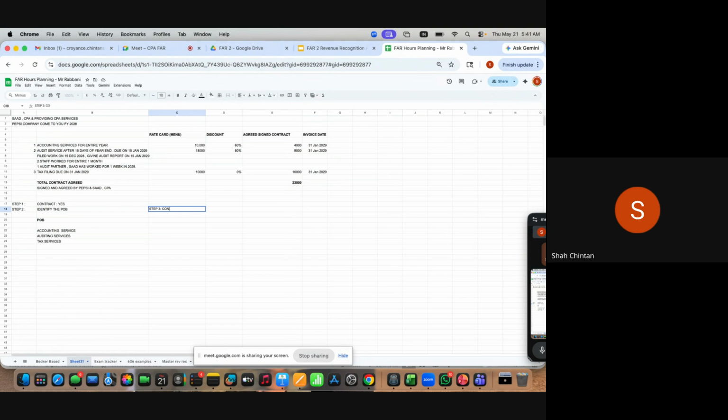So first of all, what is your contract value? Let's say your contract value is $23,000. Now we need to allocate the contract value based on a certain method. So I'll put step number four, allocation. Let's go one by one. The first method is called the adjusted market price method.